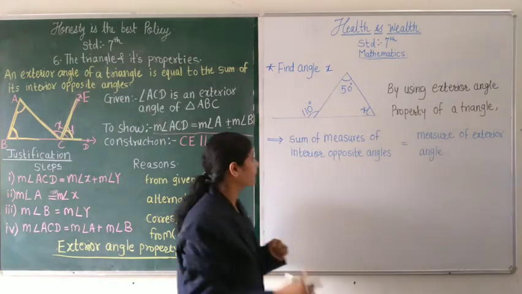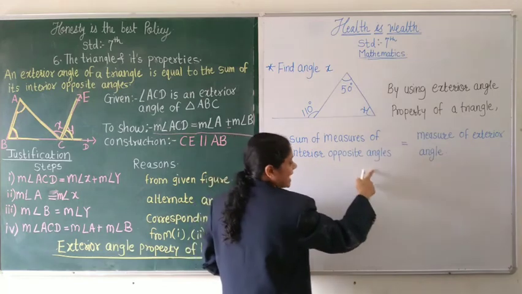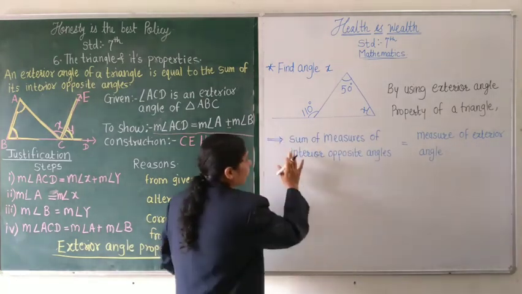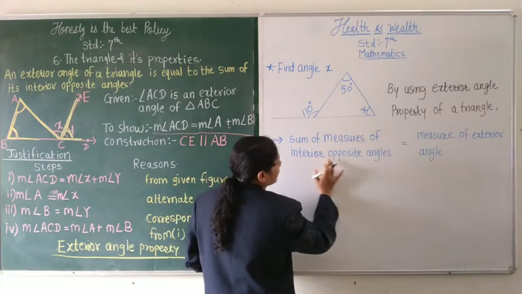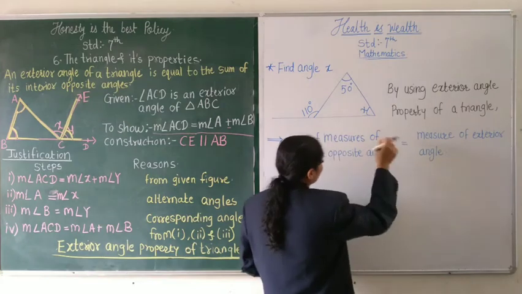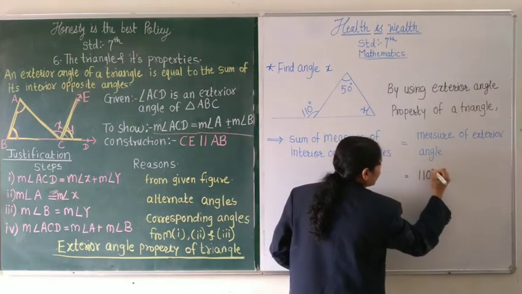So what is the property? The sum of the measures of interior opposite angles is equal to the measure of the exterior angle. So what is the sum of the measures of interior opposite angles and what is the measure of the exterior angle? The exterior angle is 110 degrees, so we will write here 110 degrees.